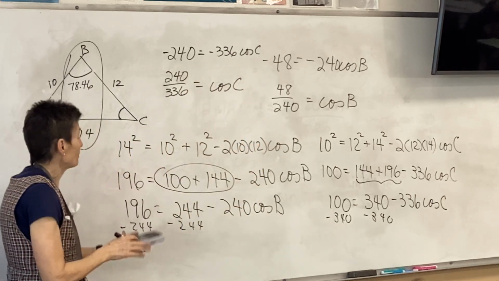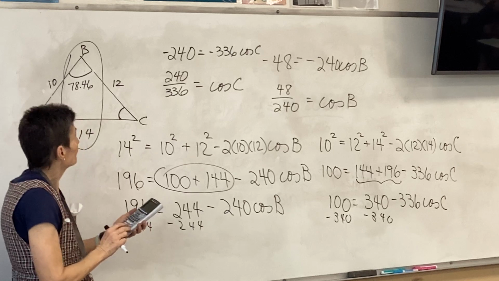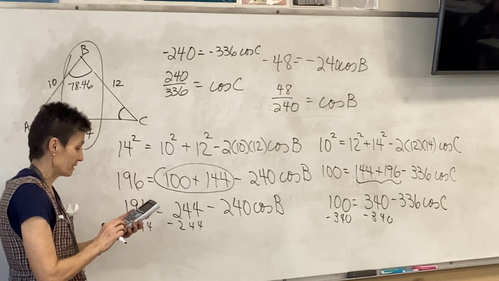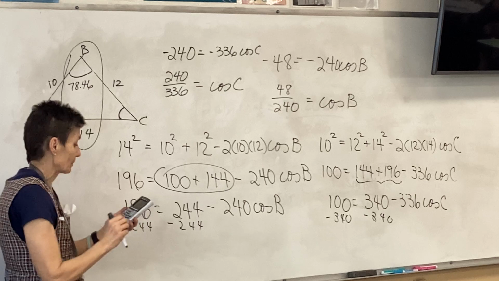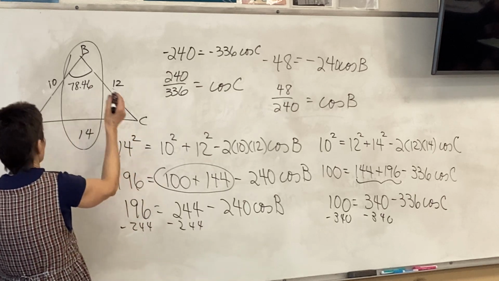How do I type that in on my calculator? Second cosine, inverse cosine. And I got 44.42.